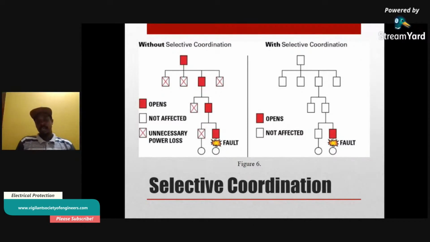But say once we have the protection in the right and proper area, then we can assume that the conductor downstream is not going to be affected by the conductor upstream. All right?